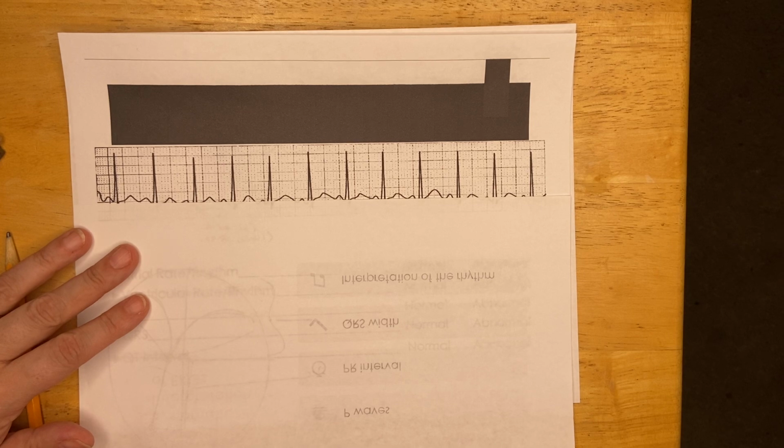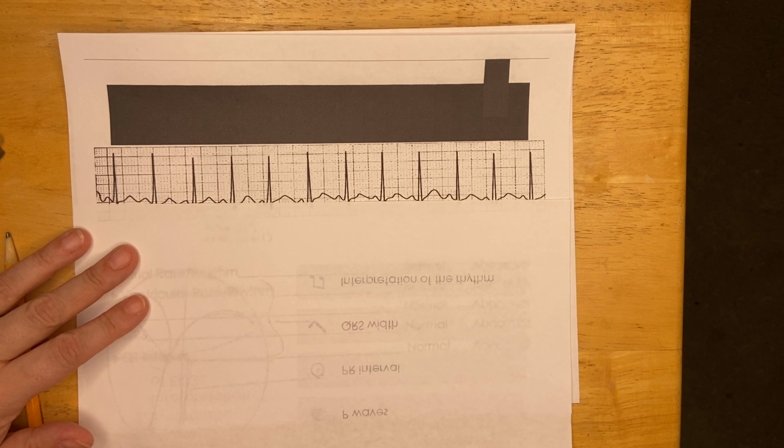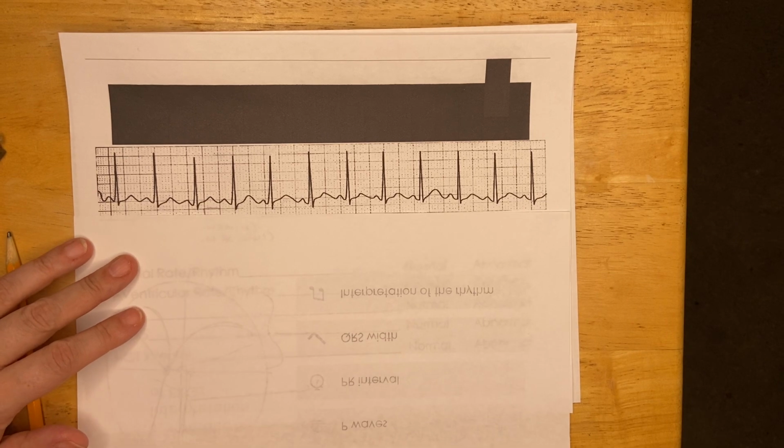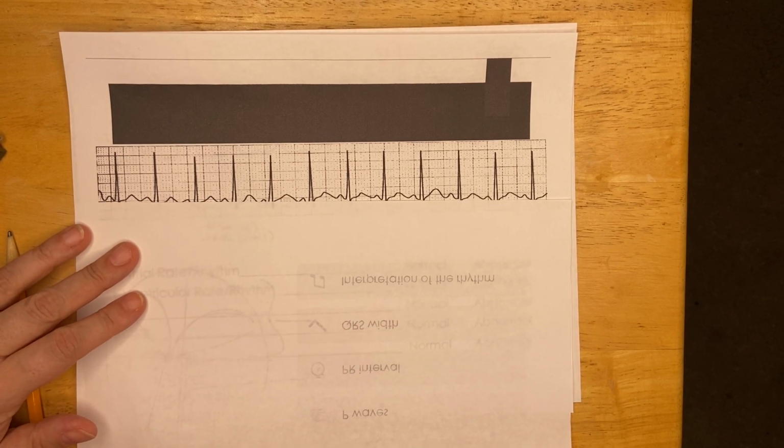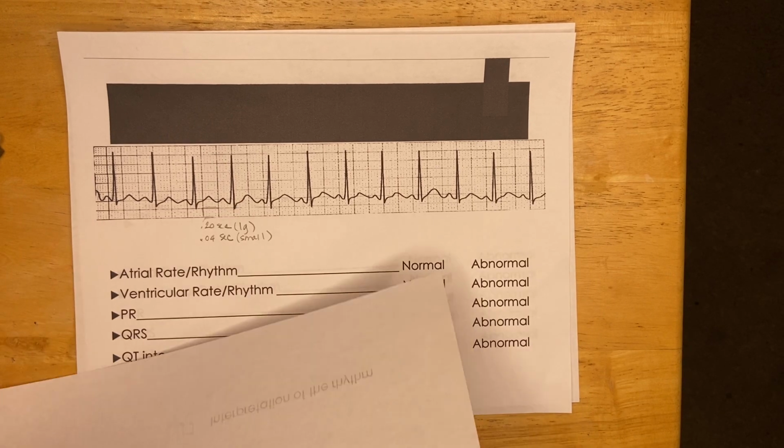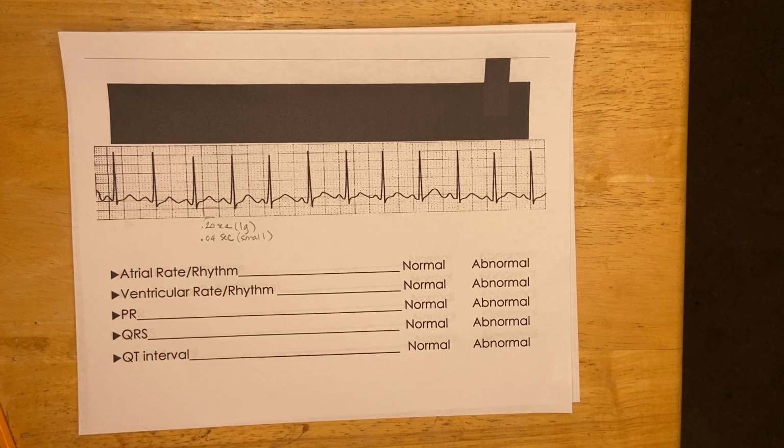We are going to be looking at the baseline of our strips too. So can you see that this baseline is pretty much where everything comes back? That's going to be the isoelectric line. So when I measure beats and distances and stuff, I want to be measuring along the isoelectric line. So more on that in a second.